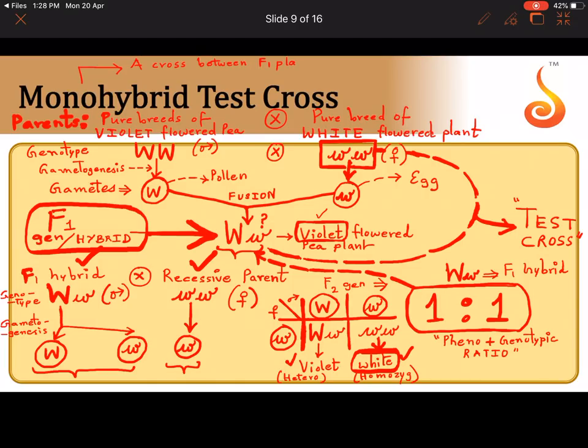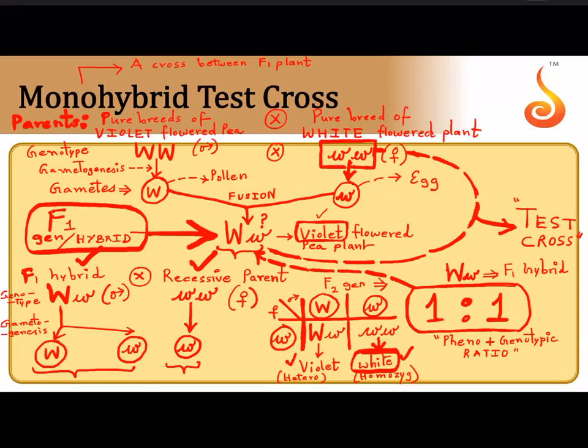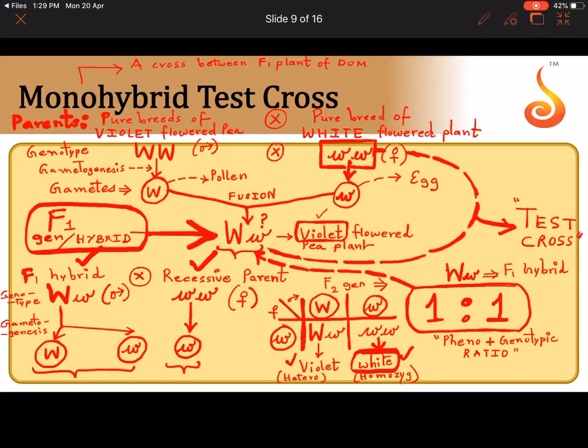F1 plant. Of which phenotype? It was violet. So what is violet? Violet is something you could see. So it was a plant of dominant phenotype. So a cross between F1 plant of dominant phenotype.